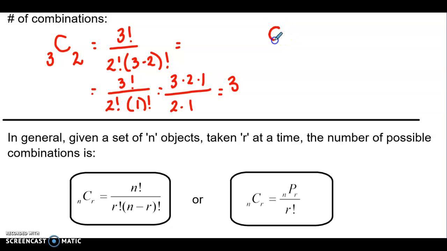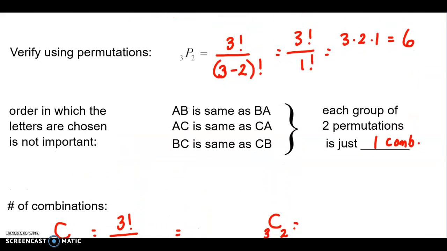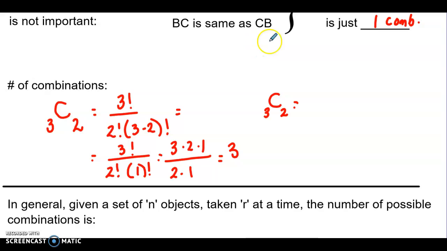We can also see that 3 combination 2, or 3C2, we can think of in terms of the permutation formula. When we looked at the permutation earlier, we noticed there were 6 possible permutations where order matters.